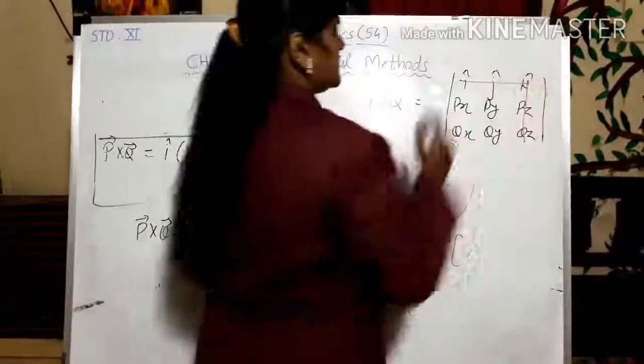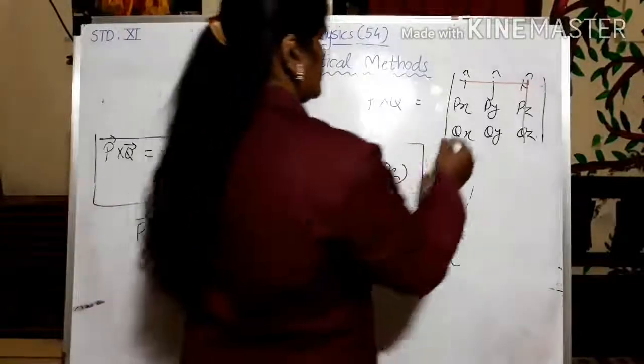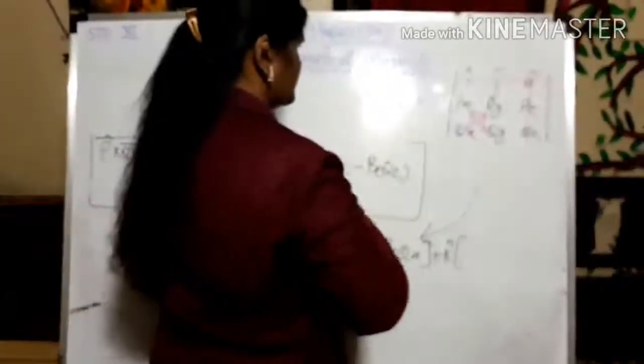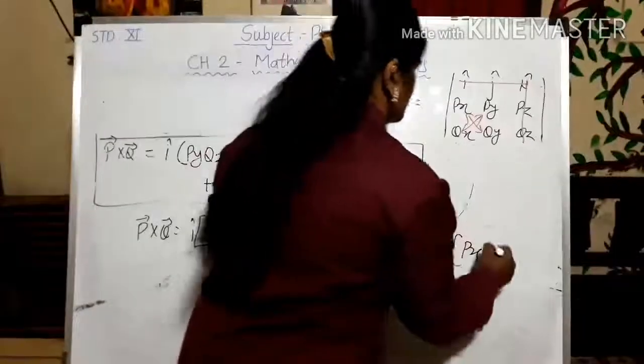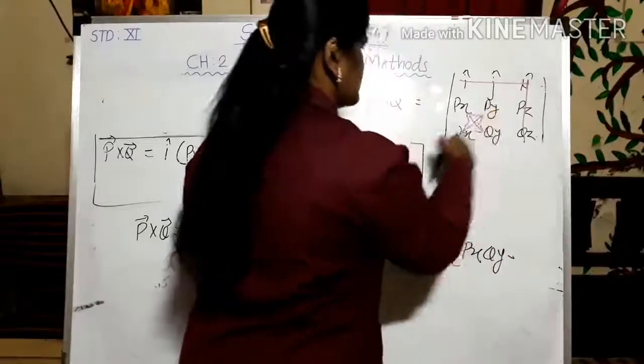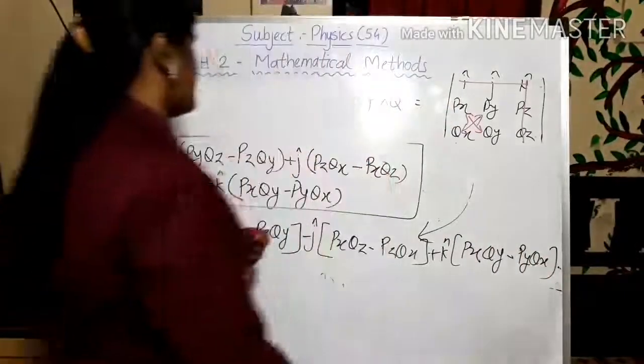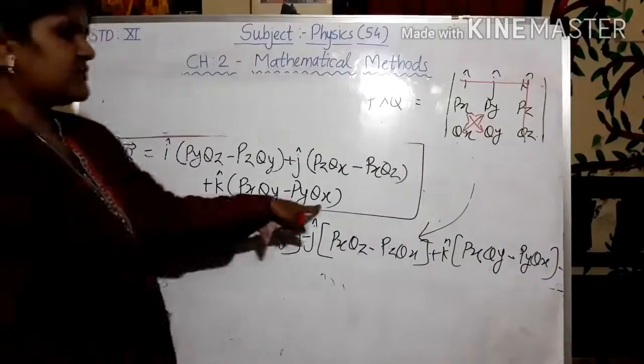So this will be ignored. So what remains? This. So I will just write first this way, right? So Px Qy minus Py Qx. So let's check: Px Qy minus Py Qx.